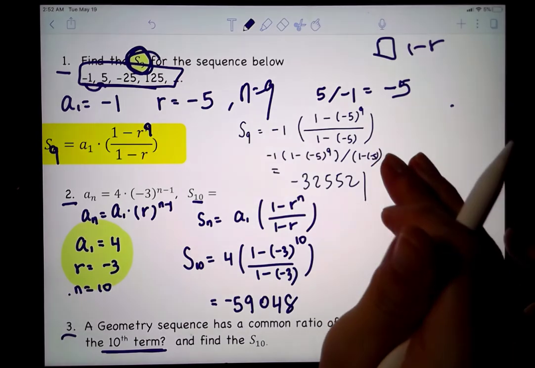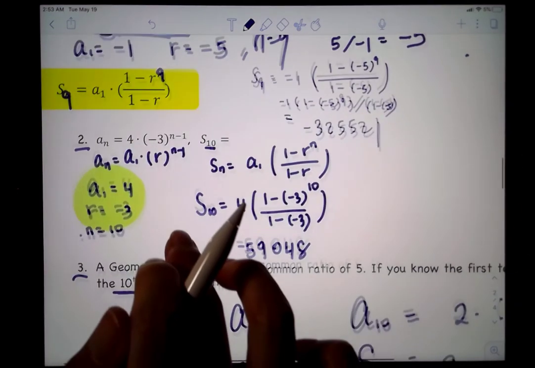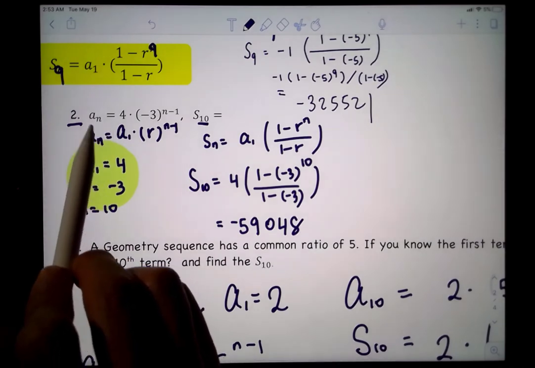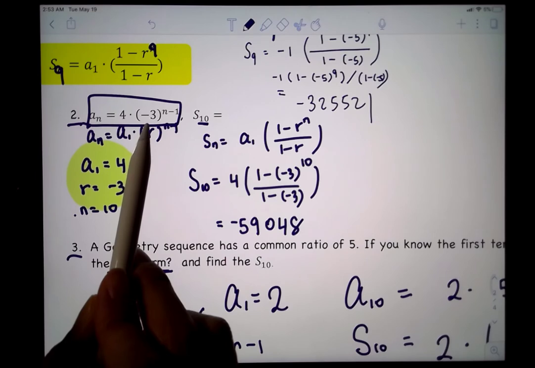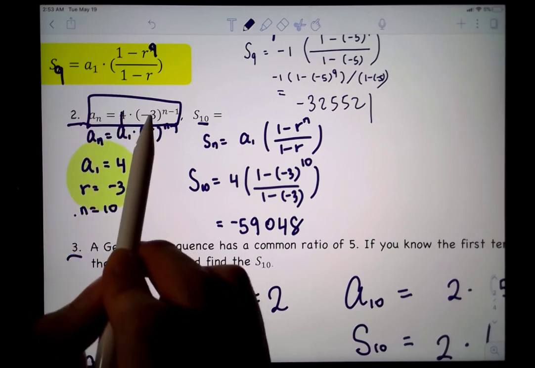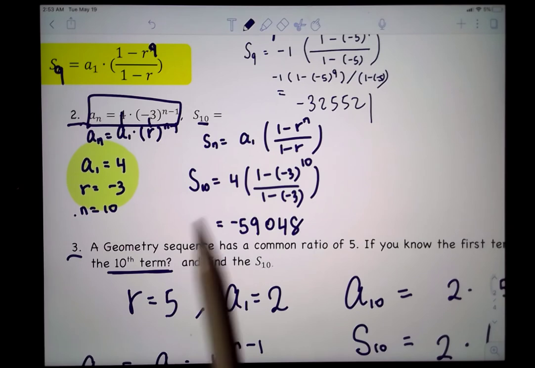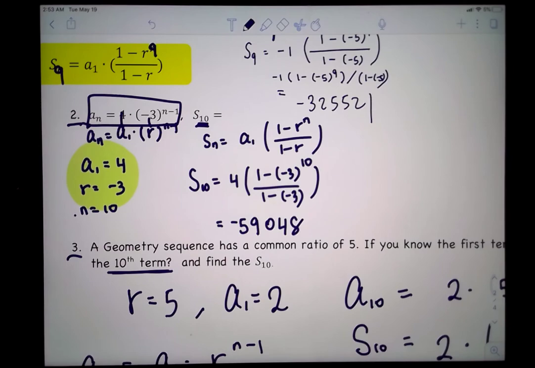So you can just use the formula and you will get the answer. And for number 2, I gave you a geometric sequence in explicit form, right? In this explicit formula, you will get, oh, this is my A1, this is my R, and my N is 10. So you just plug it into the formula, then you will get the answer, right?